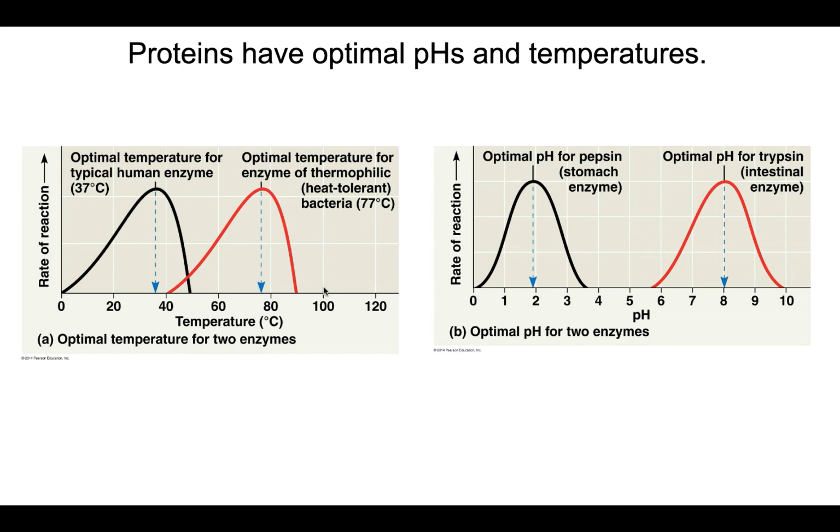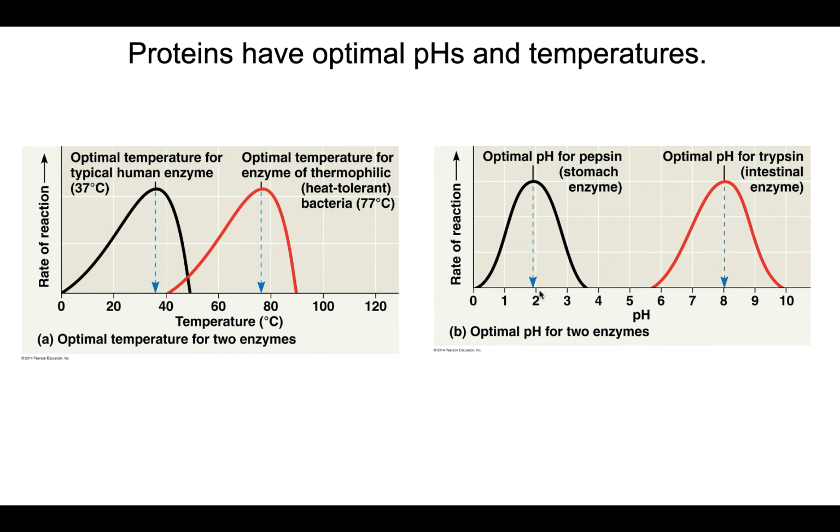Now, the same holds true for pH. pH can affect those weak interactions that we've discussed. So if you look at two different enzymes that exist within the same organism, us, but in areas that are of different pHs, a stomach enzyme here and an intestinal enzyme, what you'll find is that each has its highest rate of reaction right there at the pH of its environment: pH 2 for the stomach enzyme and pH 8 for the intestinal enzyme.